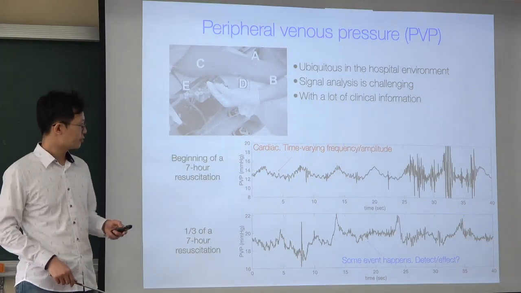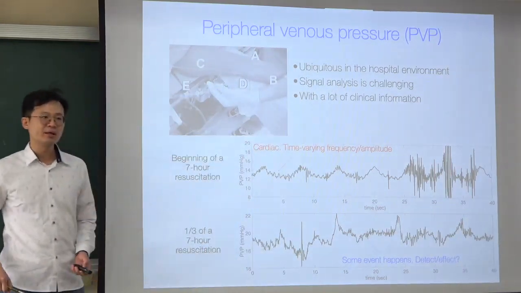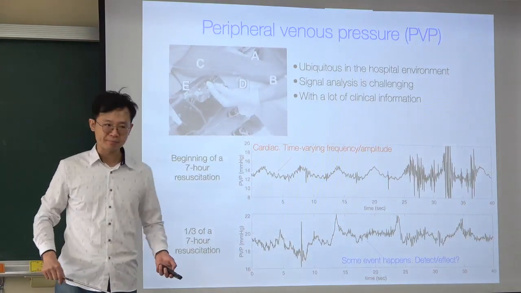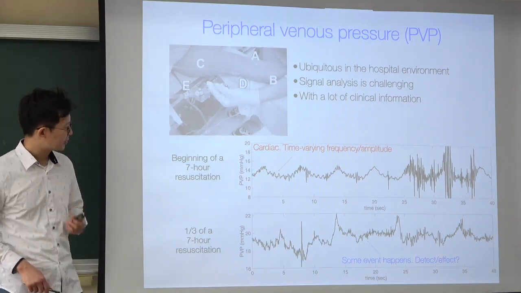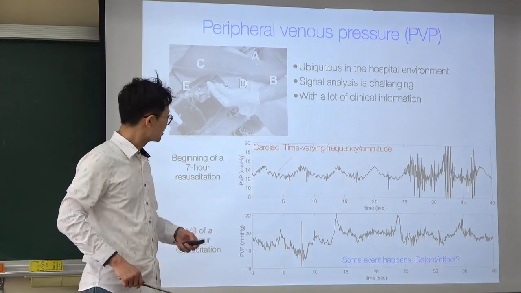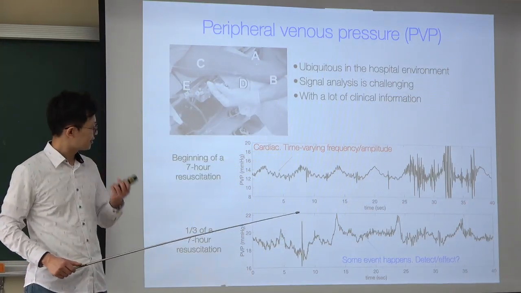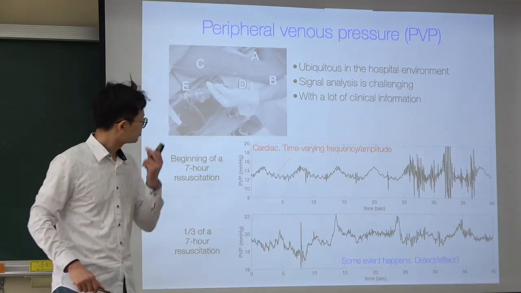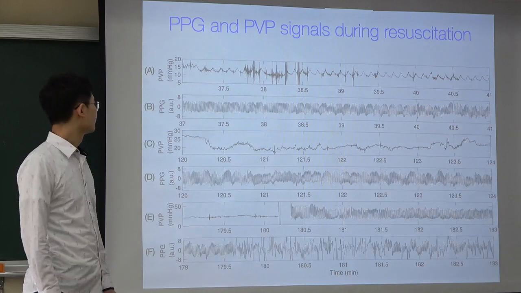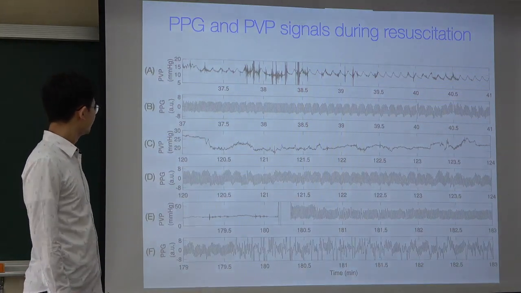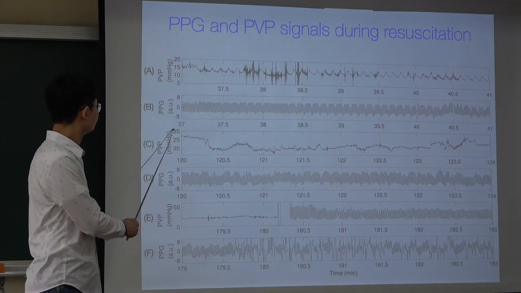It's a very challenging one, although it has been widely applied in clinics, and there have been many clinical papers discussing how to use it, which we will not elaborate in this course because it's maybe too clinical. Let's take a look at this signal and compare it with the photoplethysmography signal, which we have discussed.